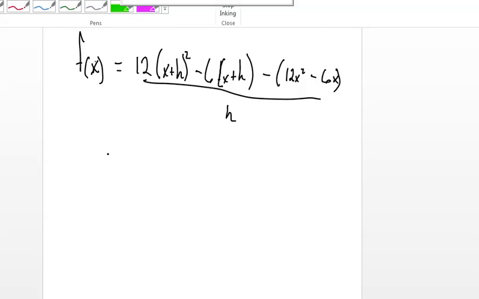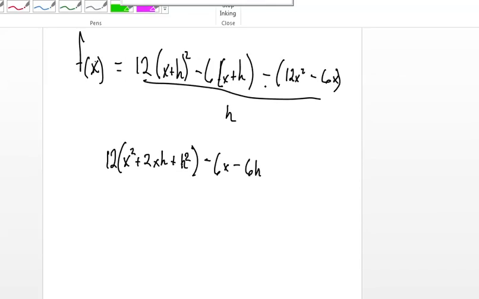Now what happens with this problem is, this first part, so I have the 12, the expansion of that is x squared plus 2xh plus h squared. Here, this negative 6 is going to go into both of those, so I'd have negative 6x and negative 6h.